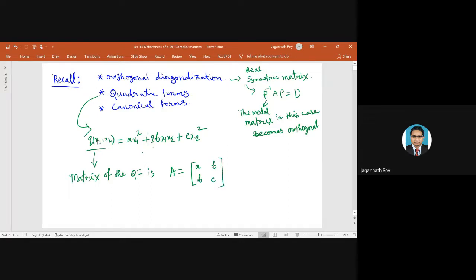Now this matrix, by the definition of the matrix of the quadratic form, is actually always symmetric.